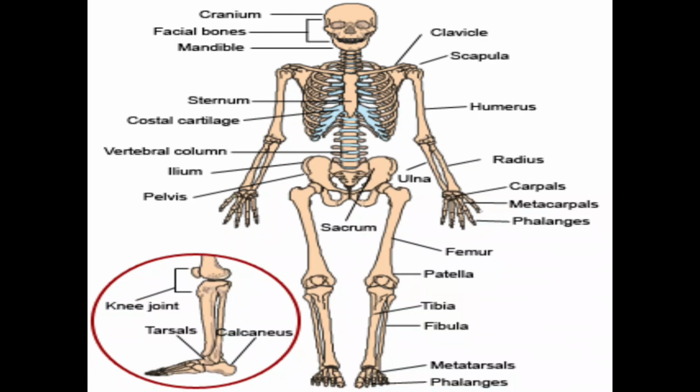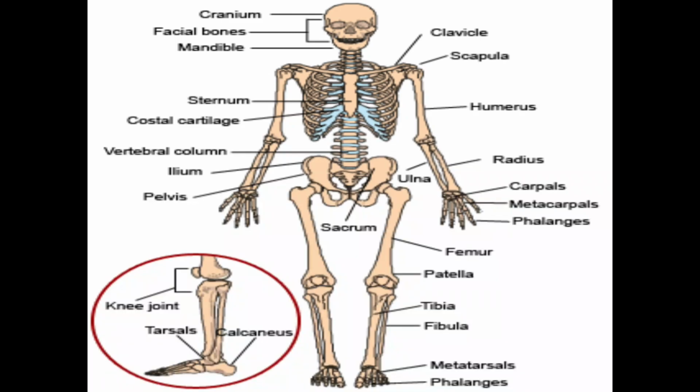You can see the humerus. We can see the radius. We can see the ulna. We can see the carpals, metacarpals and phalanges. We can see the femur. We can see the patella. We can see the tibia. We can see the fibula. We can also see the metatarsals and phalanges.